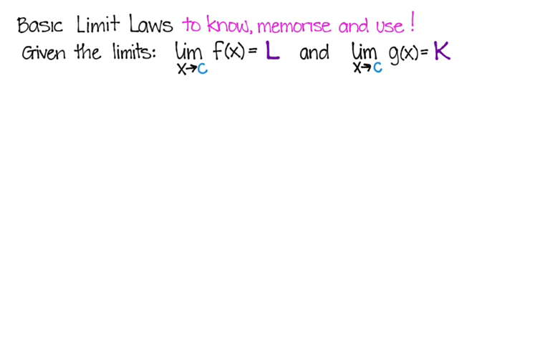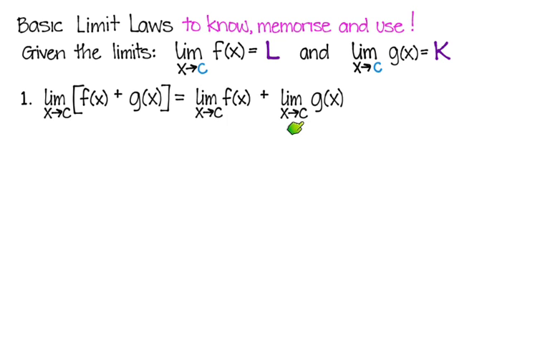So we're going to use those two functions, f and g, and their limits as x approaches some constant number. The first thing is we can look at the limit of the sum of those two functions. Well, the limit of the sum is the sum of the limits, meaning we can break it up over addition.